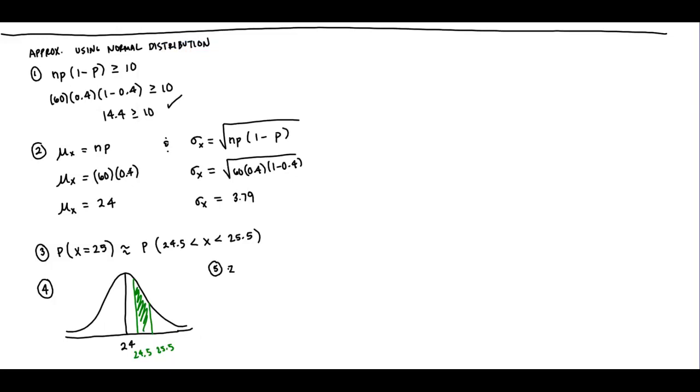For the first one, z1, we take 24.5 minus 24 and divide that by the standard deviation, so z1 is approximately 0.13. Then the second z-score is 25.5 minus 24 divided by the standard deviation of 3.79. So z2 rounded to 2 decimal places is 0.40.